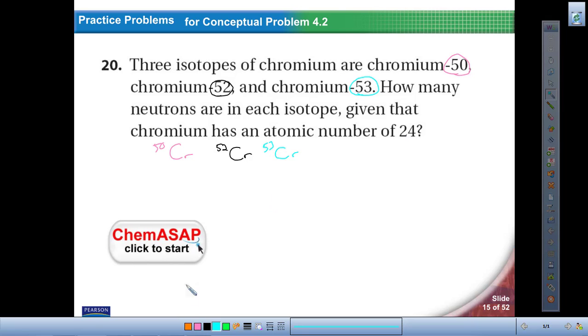And for each of them, the atomic number is the same, and they tell us what that is, so we don't have to look that up. And again, they're asking for neutrons, and so neutrons we can find by mass number minus atomic number.